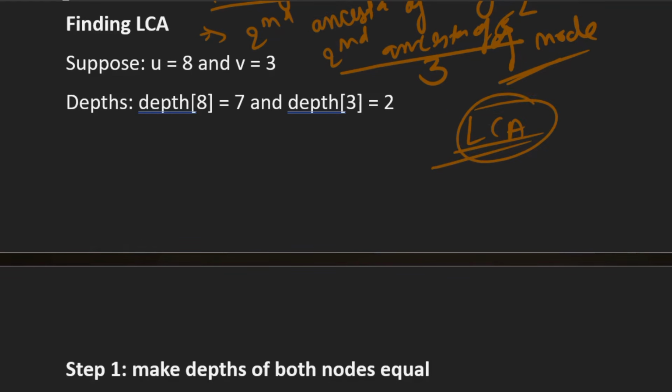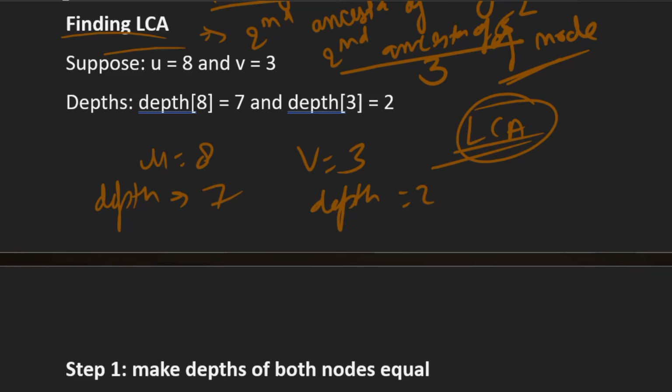Now we'll understand with the help of an example. Suppose we have two nodes, u is equal to 8, v is equal to 3. Depth of u is 7 and depth of v is 2.